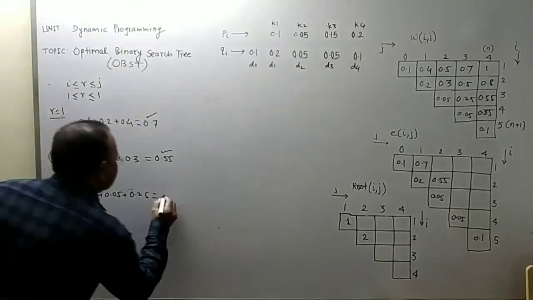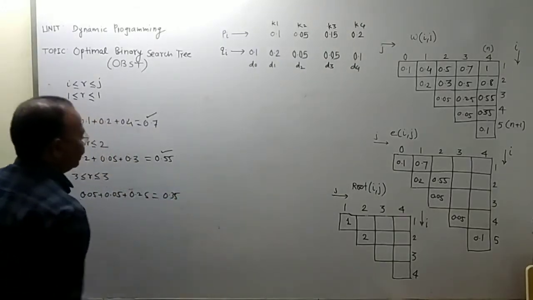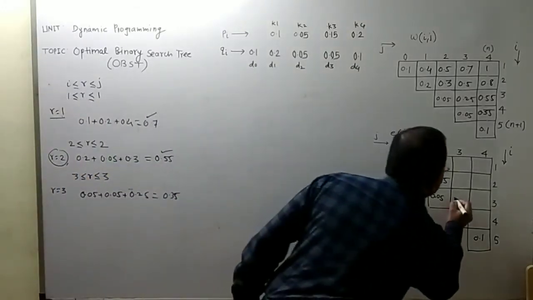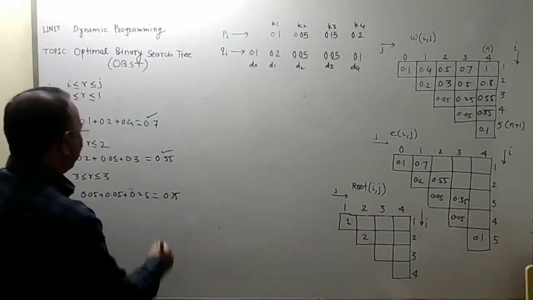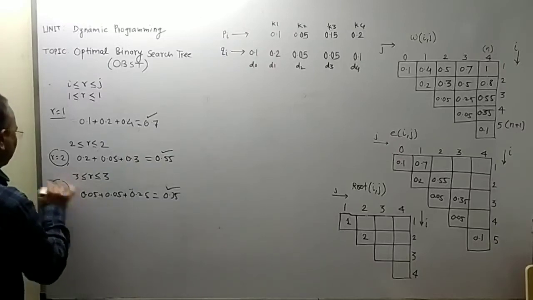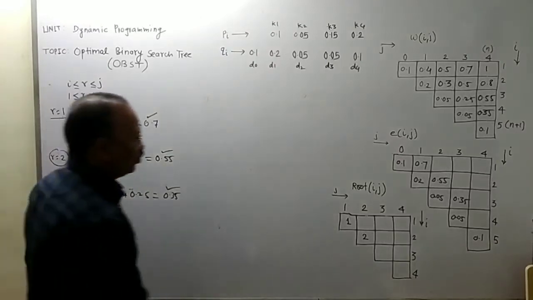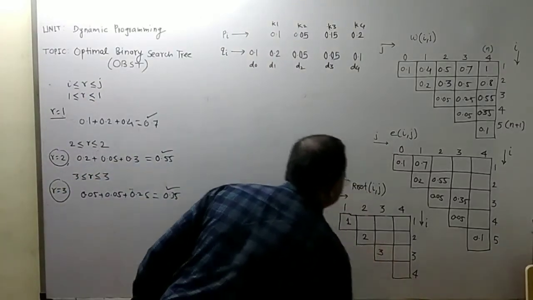It comes to 0.35. We have got 0.35 for R equal to 3. So put 3 here.